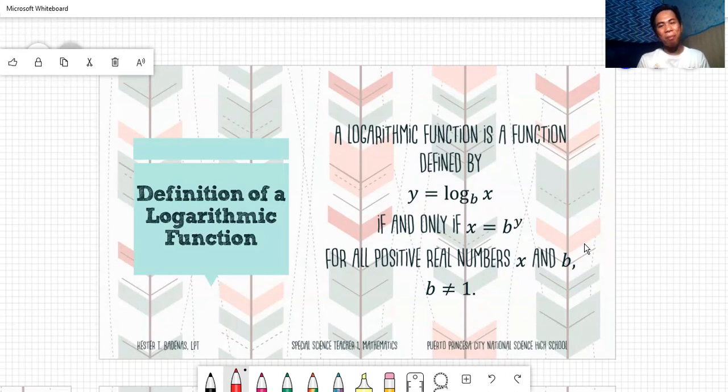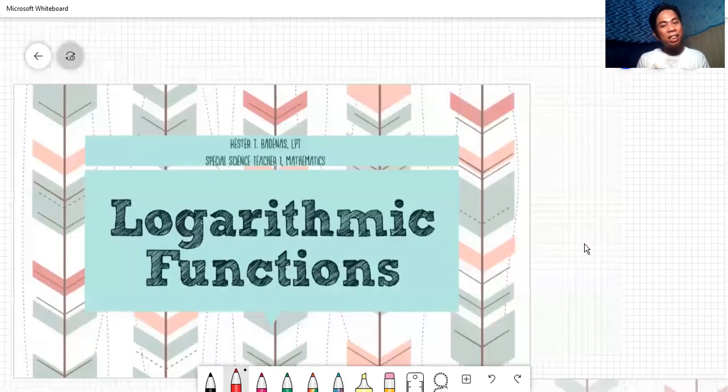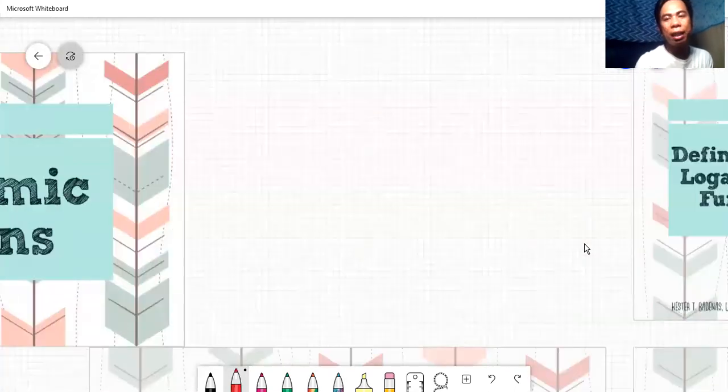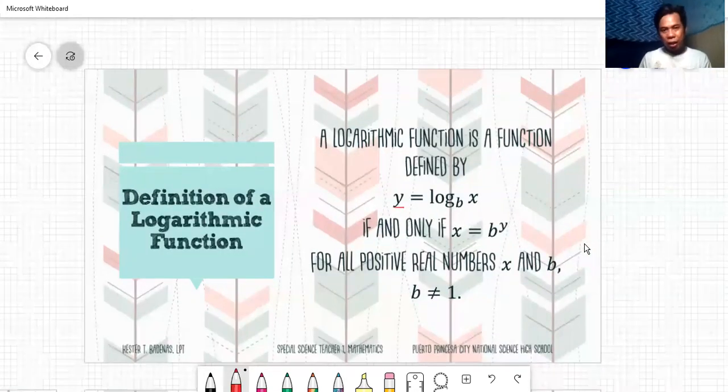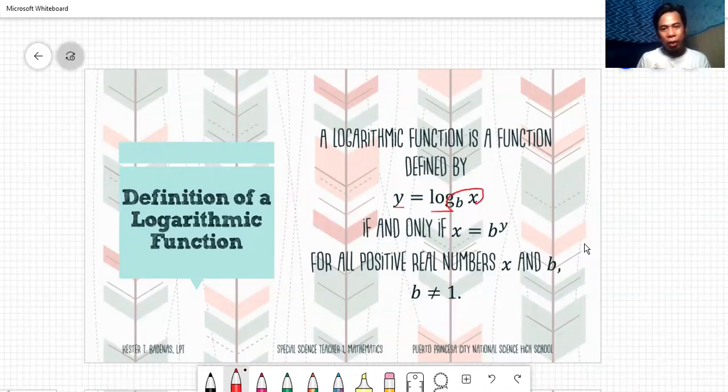And since it's a number, of course, it is present in an equation. That's why we have here, again, y is equal to logarithm of x with a base b. And if you didn't know, the logarithmic function is the inverse function of the exponential function.